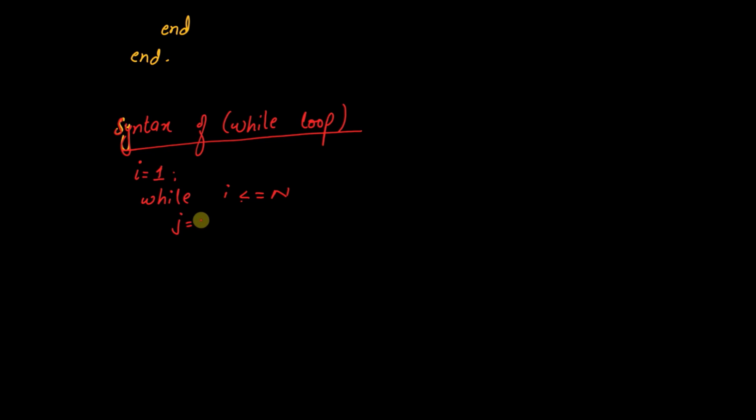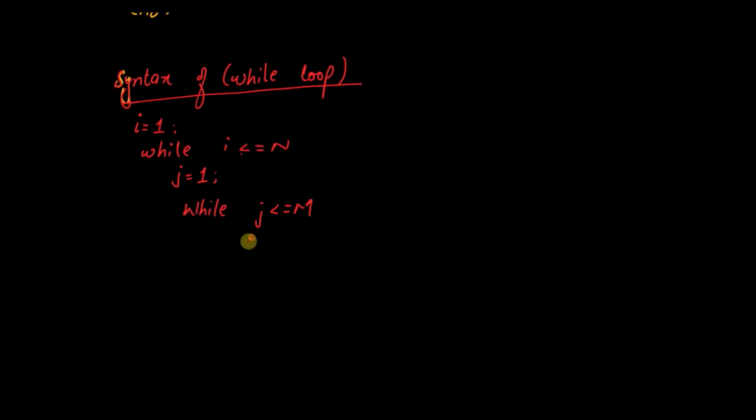Then we have another initialization, j, then we have a while and another condition to be satisfied. Next, we have the code to be executed, and some statement.